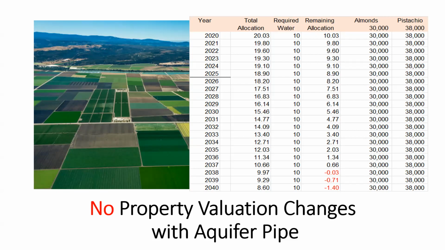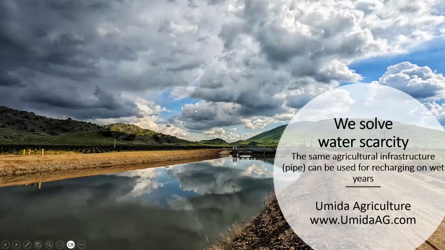So not only do you maintain your price, but this particular product is agricultural infrastructure, meaning that it is designed to conserve water in dry years, but in wet years you can use it to recharge the groundwater, and that way you bank water for those future years that you're going to need to keep full production at 10 acre inches, now and into future generations.